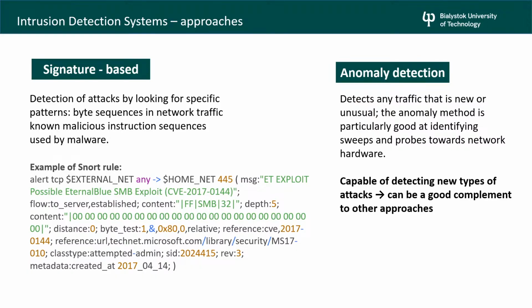So this type of attack will be detected by our system. So this is a key, in my opinion, reason why we should use the anomaly detection system to protect our network, our computer system.